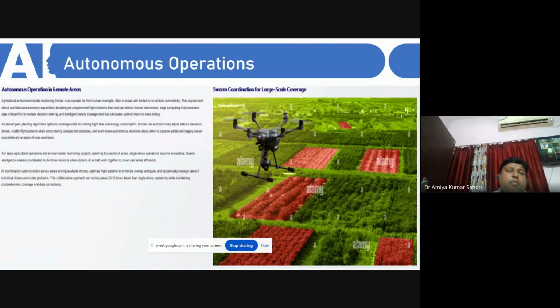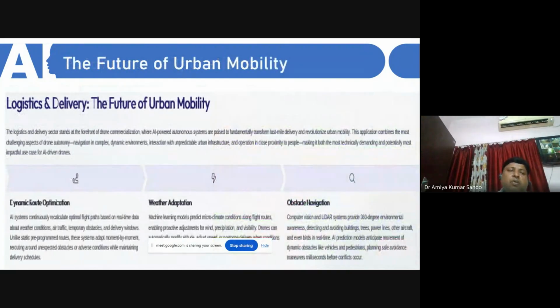Agriculture and environmental are different areas where drones play a vital role. Swarm coordination for large scale coverage is done by the help of drone technology, and in this technology generative AI plays a vital role.